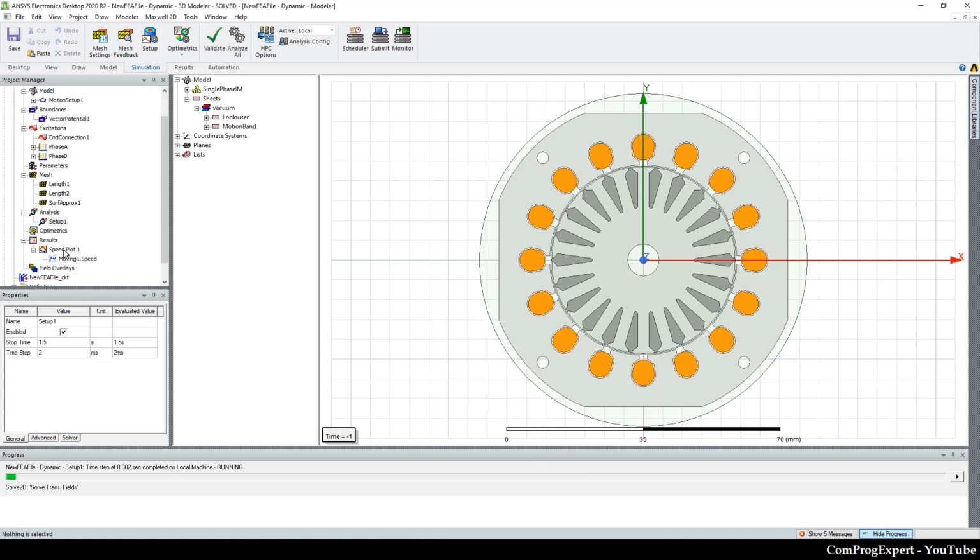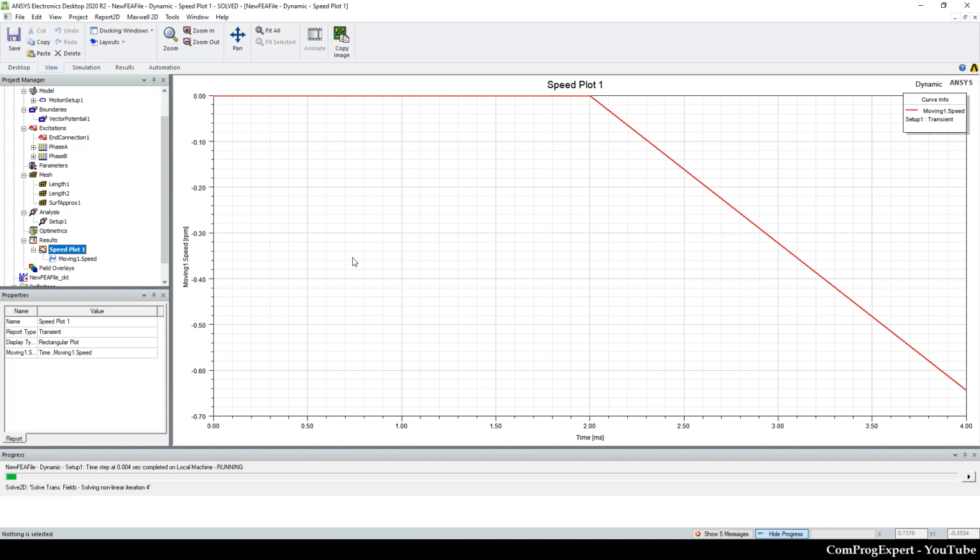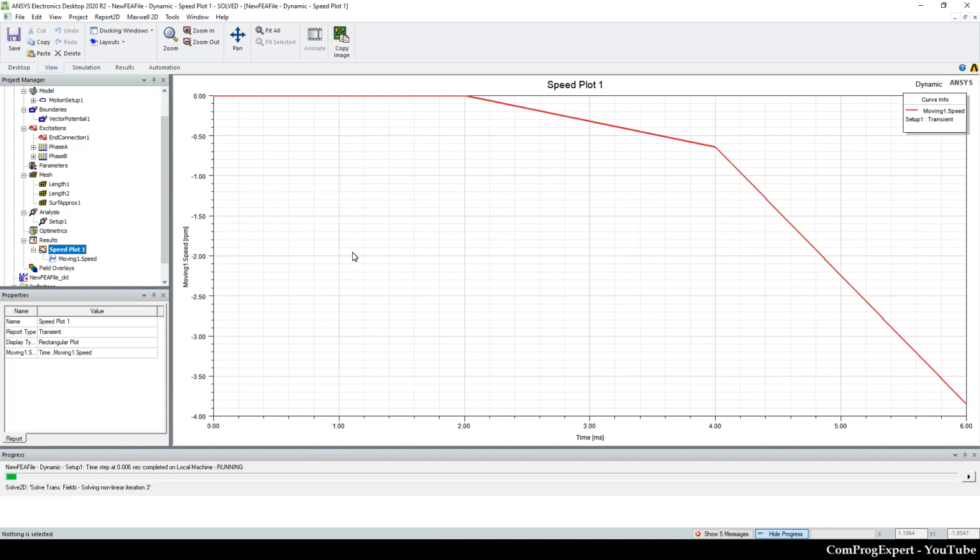And here you can see the rotor speed, right?